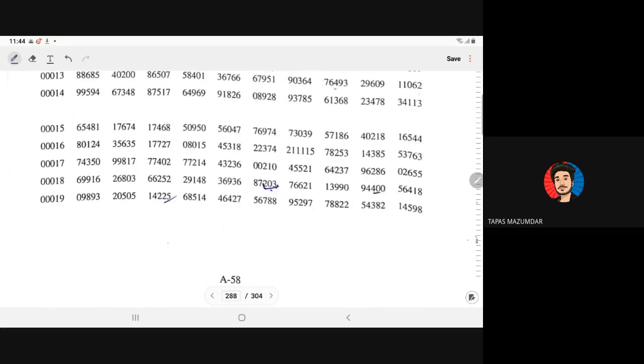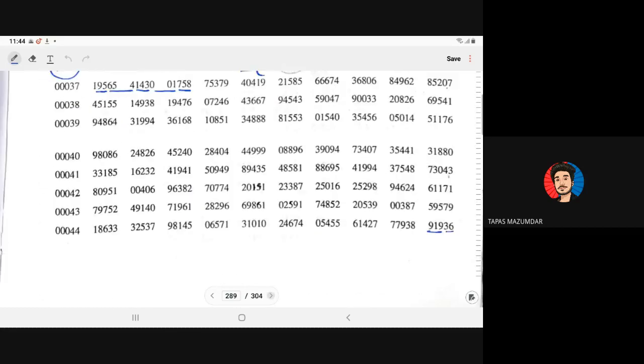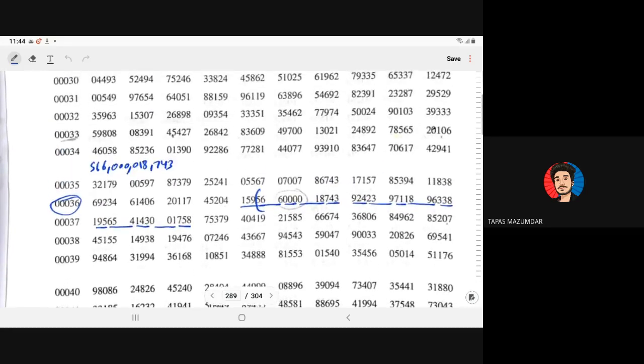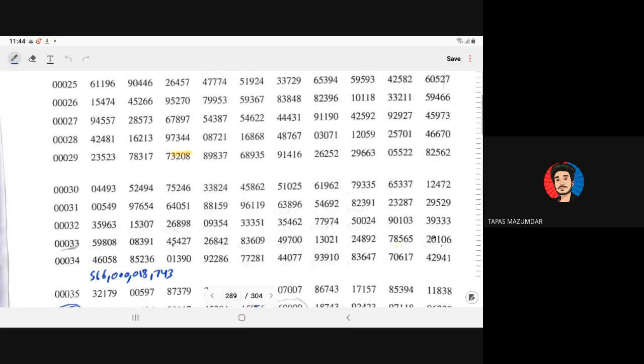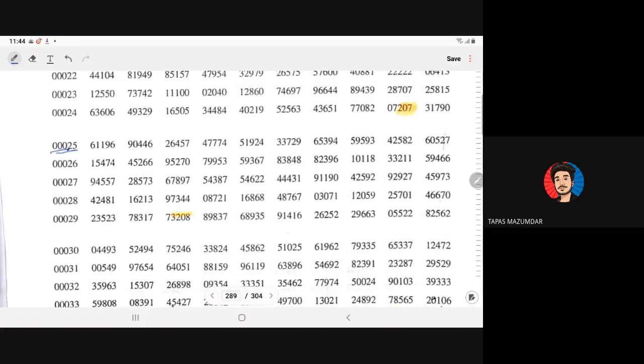So this is row number 25, this is column number 3. The random numbers will start from 26, 45, 74, 77, 74, 51, 92, 43, right? In this way, for the 10 days you have to take the numbers.